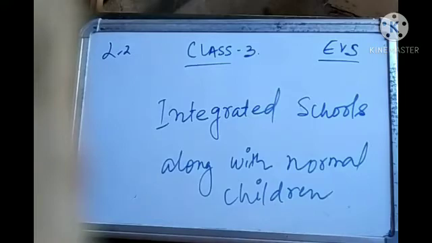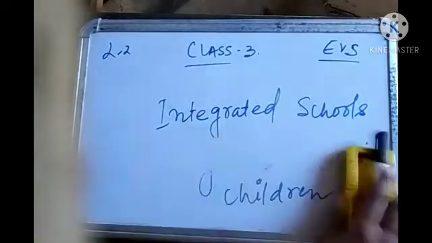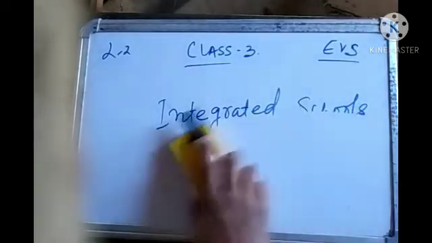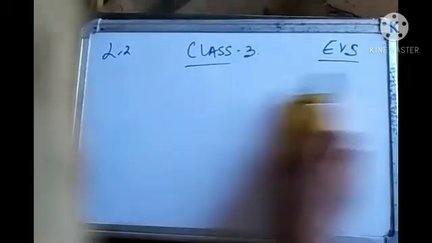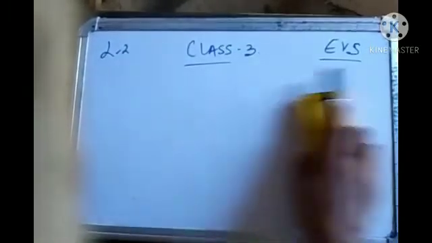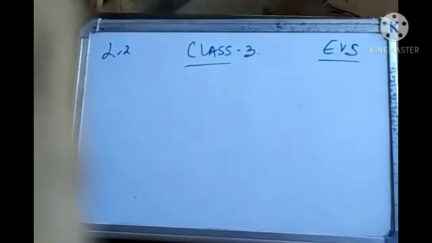So I repeat, integrated schools are those schools which provide education for differently able children along with normal children. And differently able people have their own unique abilities.